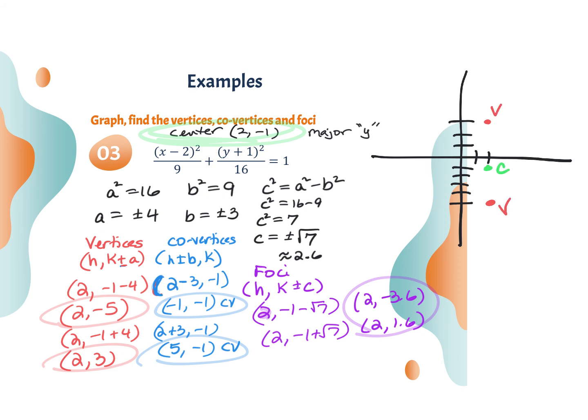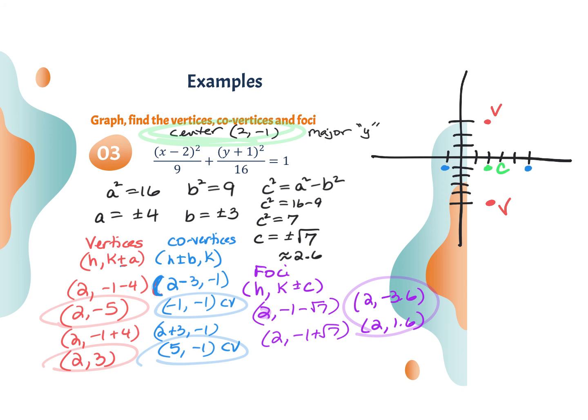Then the co-vertices, -1, -1, and then 5, -1. Then I'll add in the 2 foci.